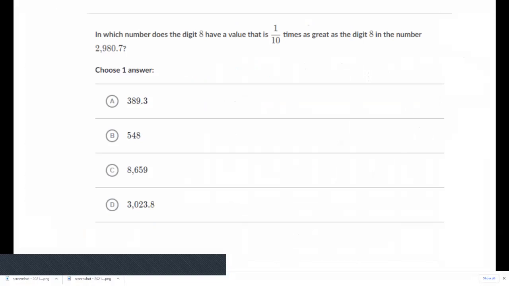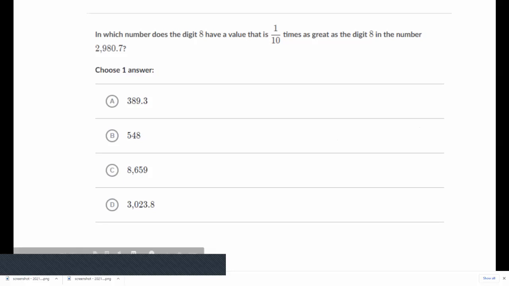In which number does the digit 8 have a value that is 1/10 times as great as the digit 8 in the number 2,980.7? So 1/10 times is the same as dividing by 10, which we know is going down in place value by one spot.